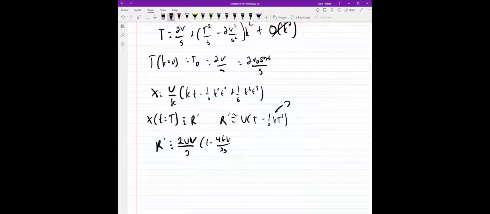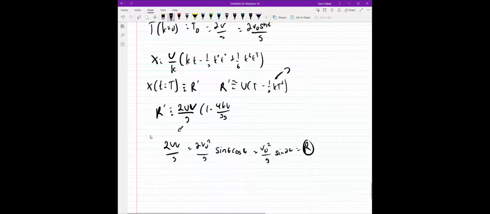And now we can rewrite this as, again, starting from here, 2uv over g is equal to 2v naught squared over g, sine theta, cosine theta, or sine 2 theta, whatever you want, which is just v naught squared over g sine 2 theta, which is our range equation.